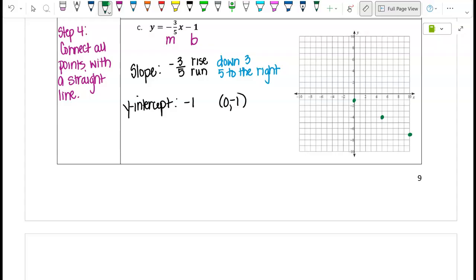If they're not in the same line, then I need to go back and make sure I counted correctly. That is why I have you doing that third point, to make sure everything is lining up. And then we're going to draw that line through the graph.